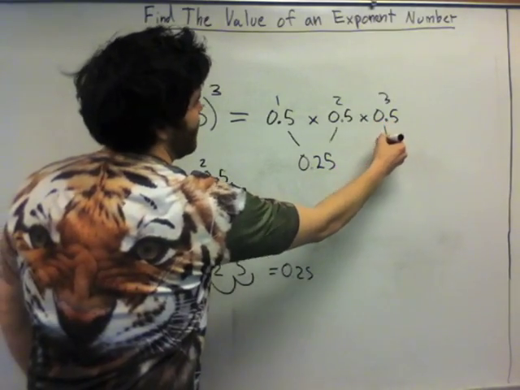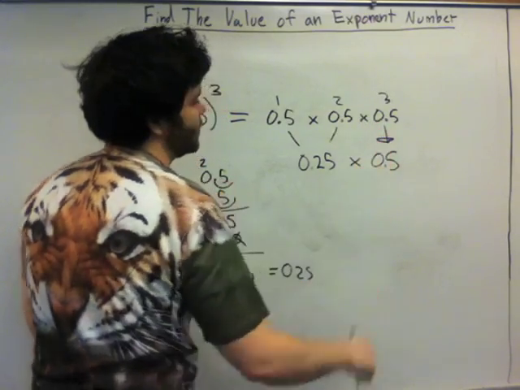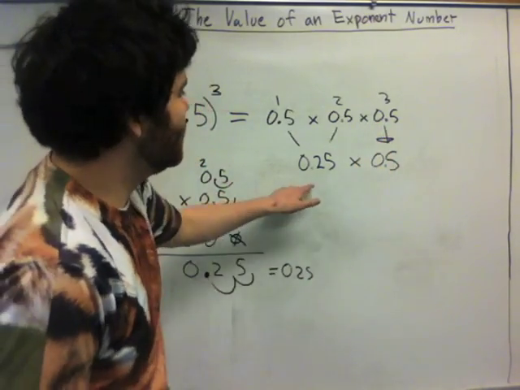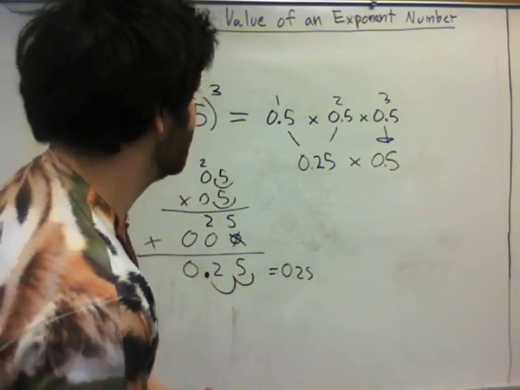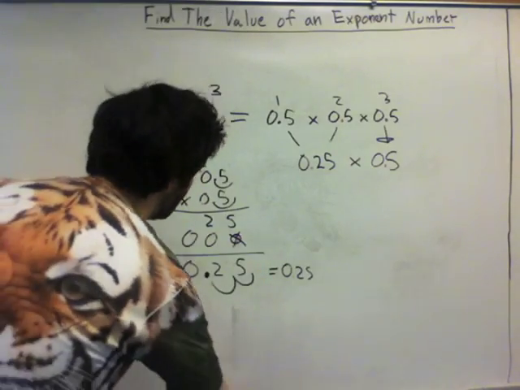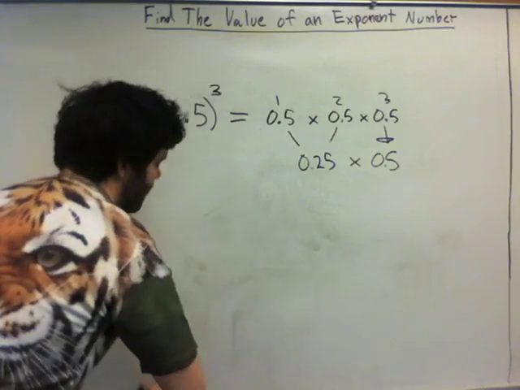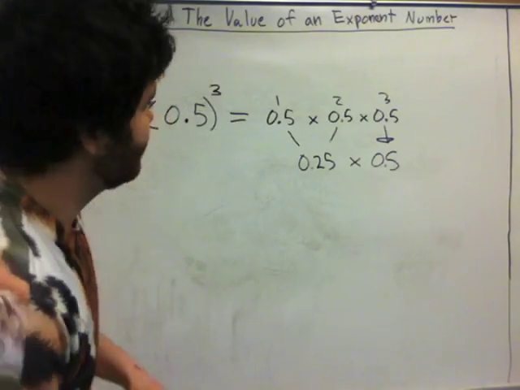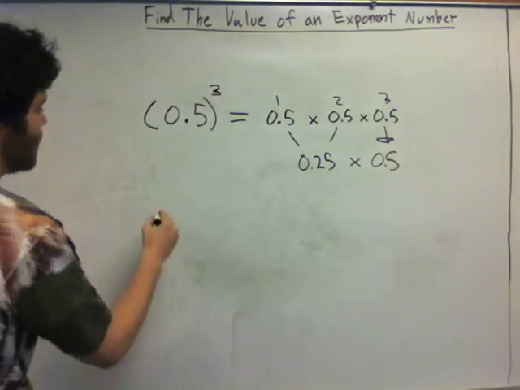Now, what do we do with our grouping strategy? We drop this down, 0.5, and we multiply, because we drop the multiplication as well. So 0.25 times 0.5, I definitely can't do that in my head, so I need to go to my scratch paper. Let's erase what we had, and throw up the new problem. 0.25 times 0.5.